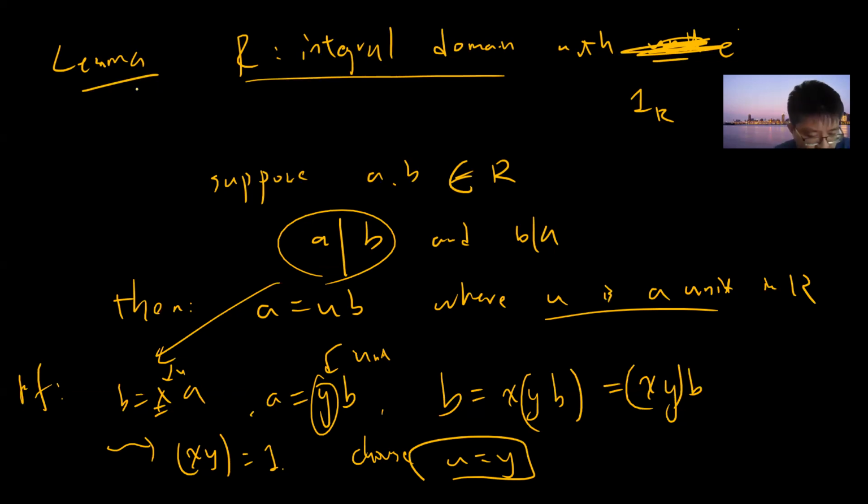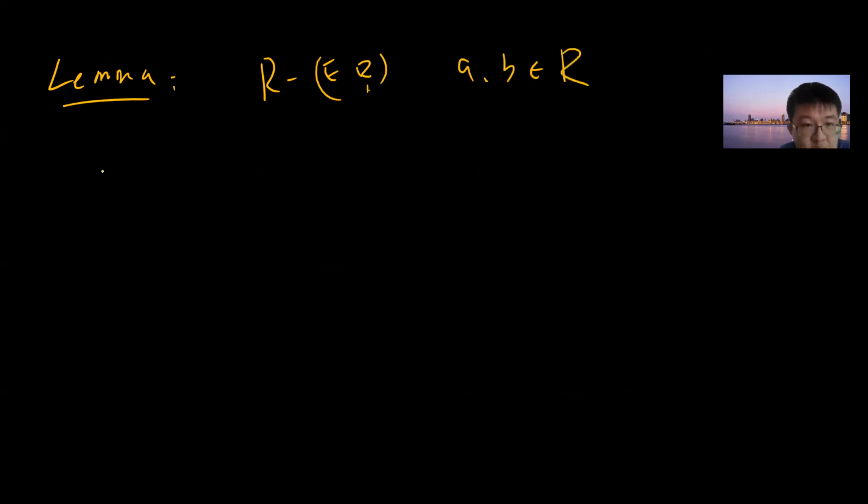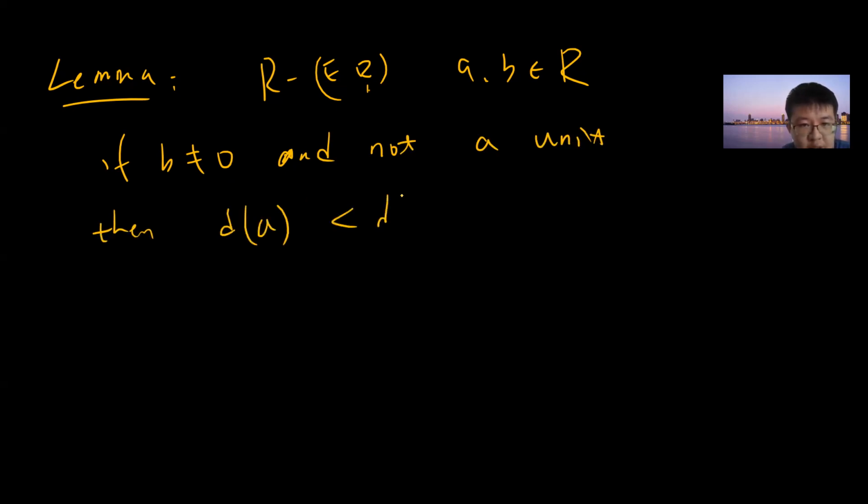Okay, so now the next lemma. R is a Euclidean ring, and then you get A, B belongs to R. So if B is non-zero, and you have a non-zero element and another unit, then D of A is less than D of AB.